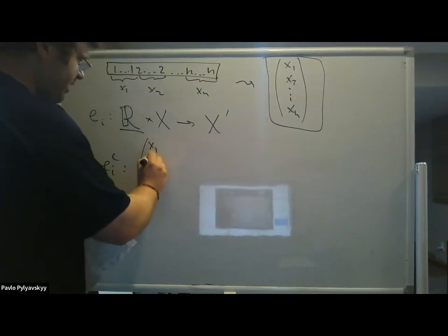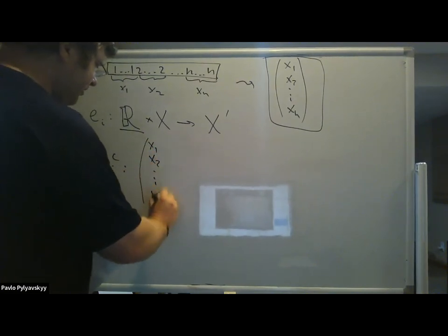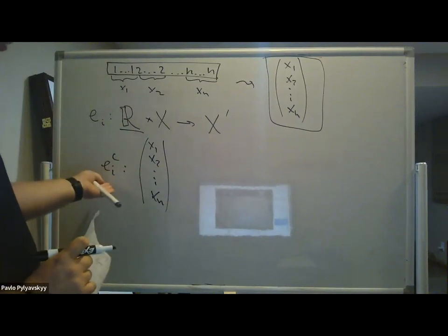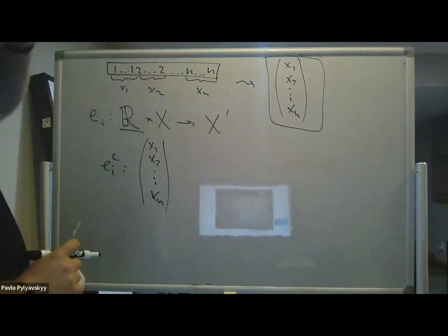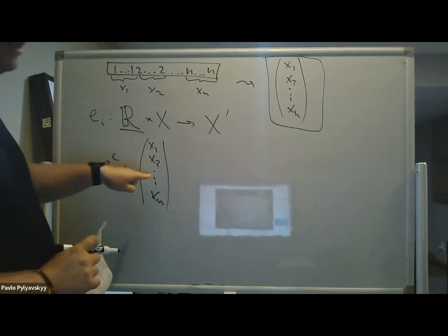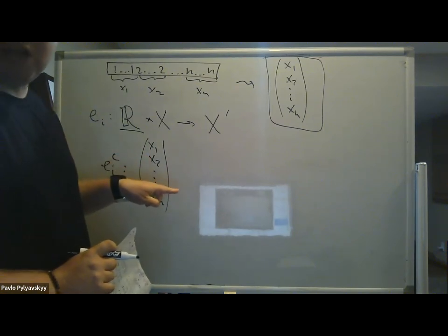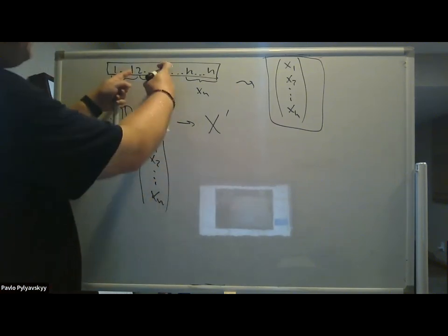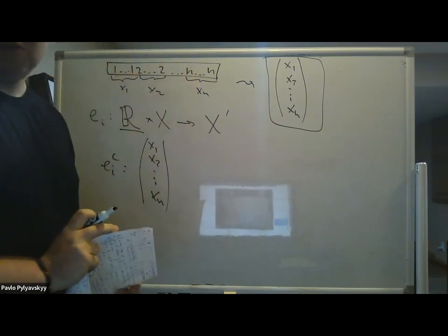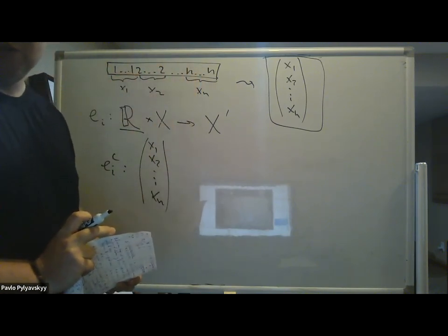So if it takes a vector x1, x2, etc., xn, what does Ei^c do in the tropical world or piecewise linear world? It decreases xi by 1 and increases x_{i+1} by 1. It makes the number of i smaller by 1 and the number of i+1 bigger by 1. Everybody understands that?